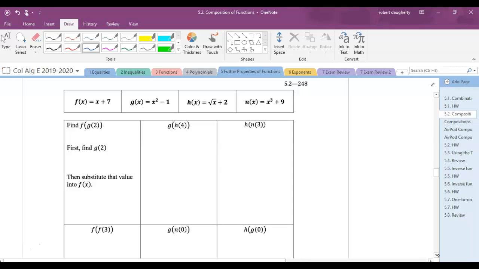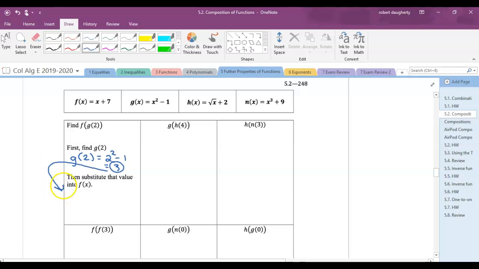So to do something like this where I ask you for f of g of a specific number, first find g of 2. What is g of 2? g of 2 is going to be 2 squared minus 1, which is 4 minus 1, which is what? This is 3, okay? So now this number needs to get substituted where? Into f, okay?